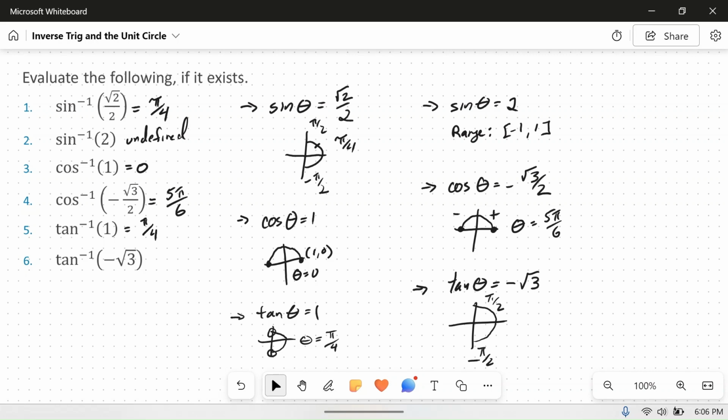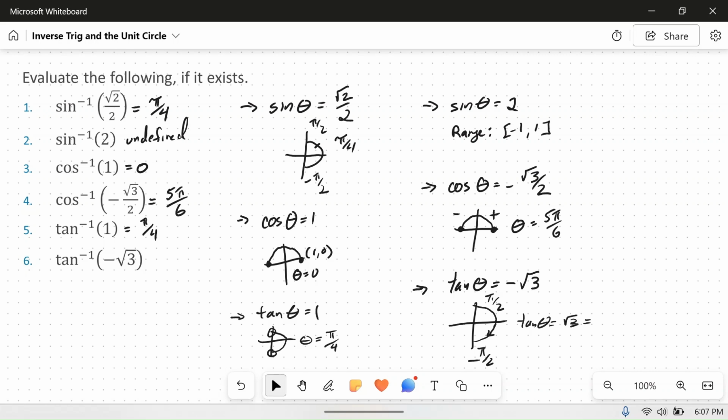Tangent is negative in the fourth quadrant, so my answer has to be in the fourth quadrant, and think of it as being a clockwise rotation, so that we're between negative pi over 2 and positive pi over 2. So I know that tangent of theta would equal square root of 3.